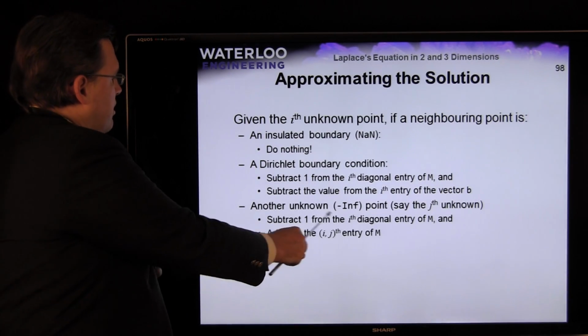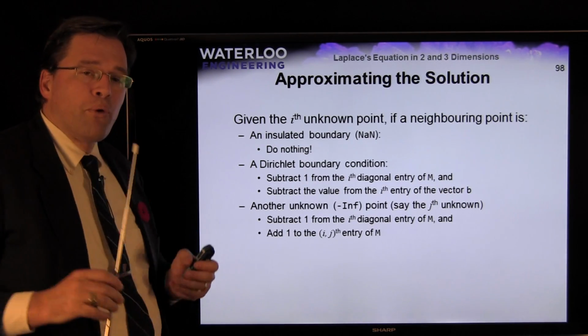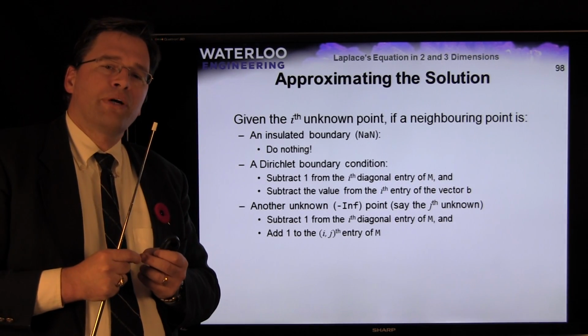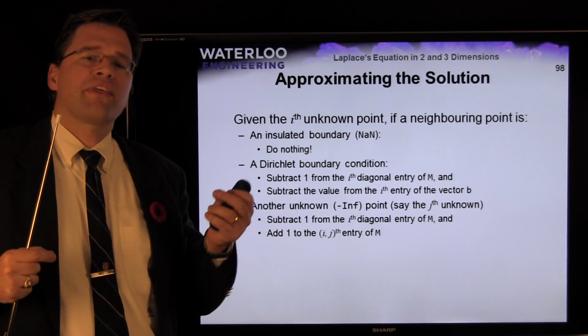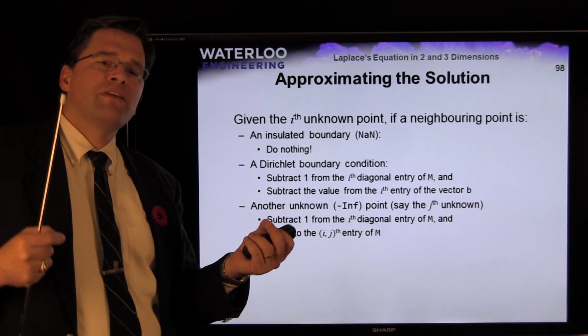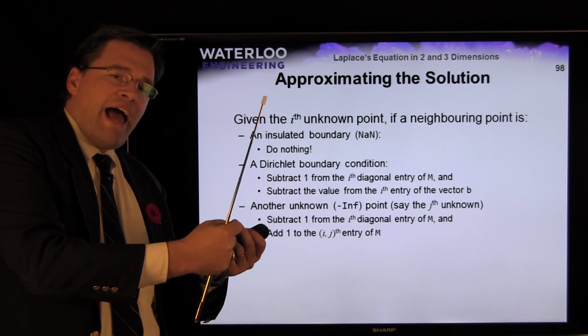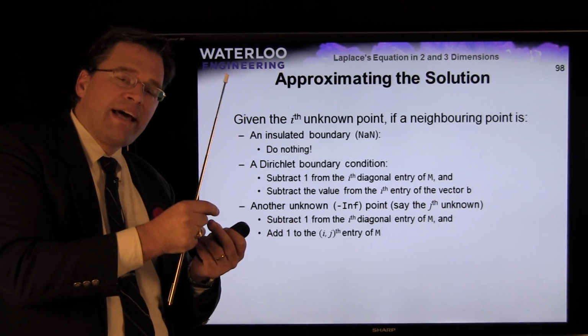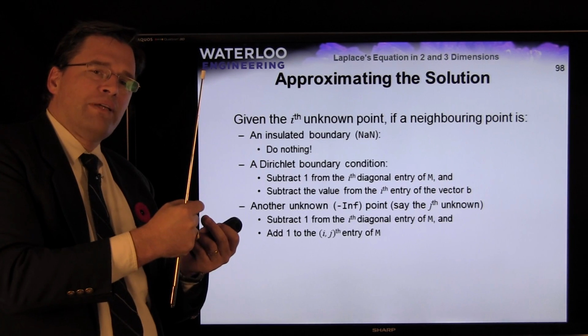If it is also an unknown point, that means that we can figure out which unknown point it is. Let's say we find out that it's the jth unknown point. How do we get that? We go to the U to W matrix at that location, and because it's negative infinity, we're guaranteed that that is in the U to W matrix.